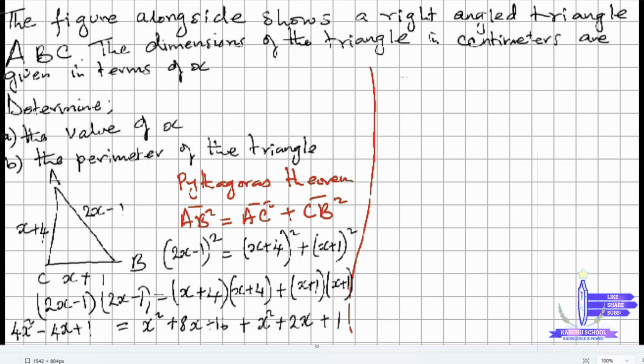So if we simplify this, we will get 4x squared minus 4x plus 1 equals. Put the like terms together on the right hand side. We will get 2x squared plus 10x plus 17.